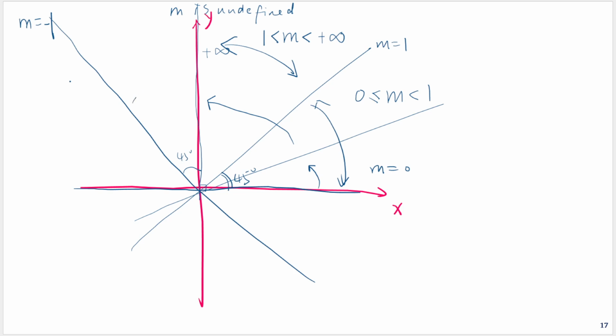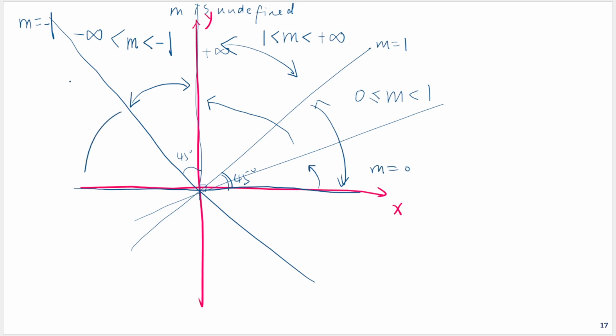And if a line is in between this area, we know that m is smaller than -1 and larger than negative infinity, right?